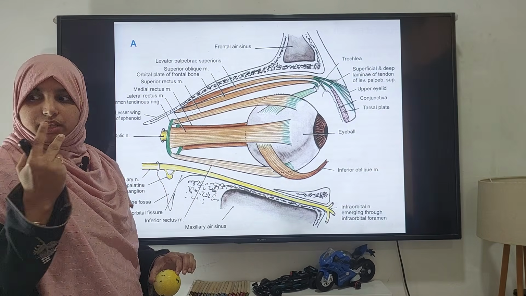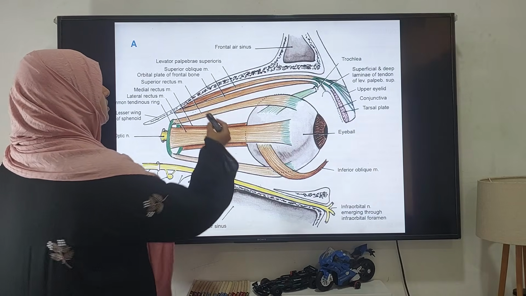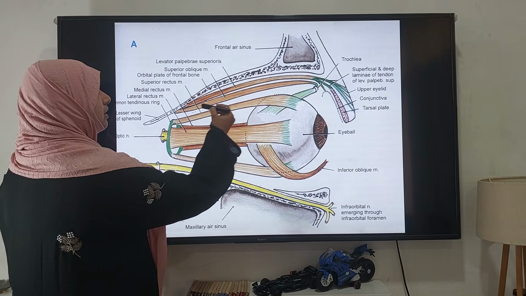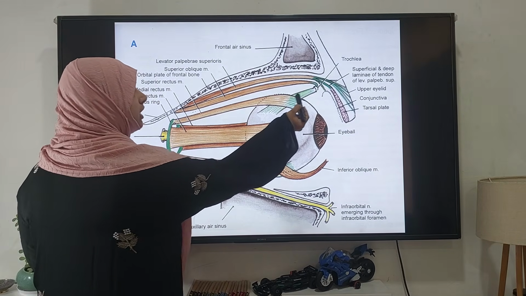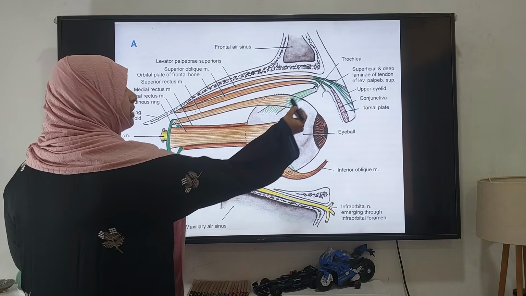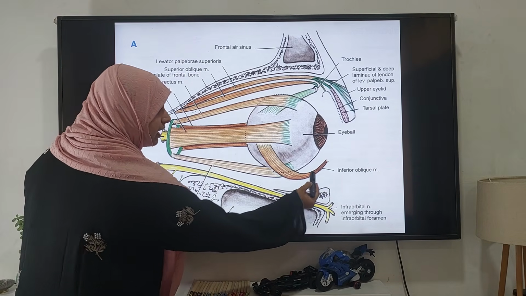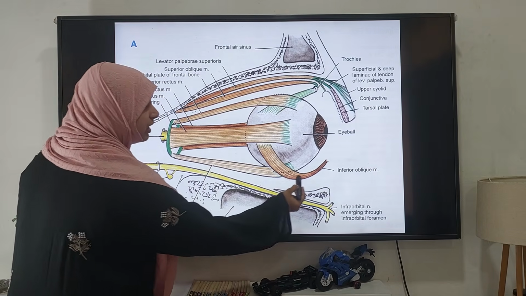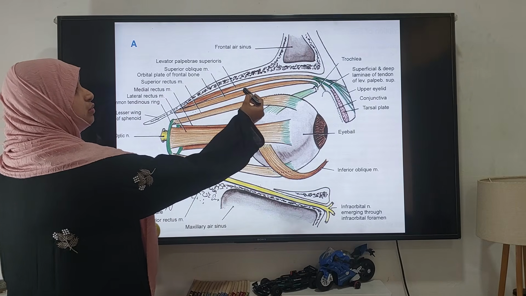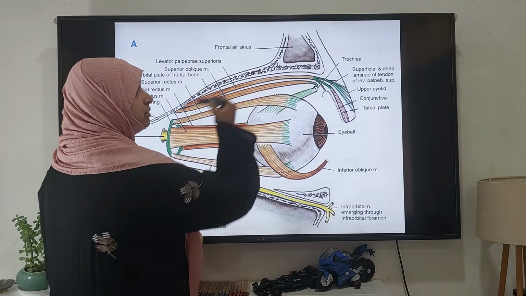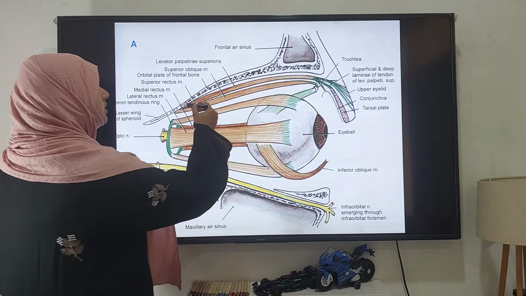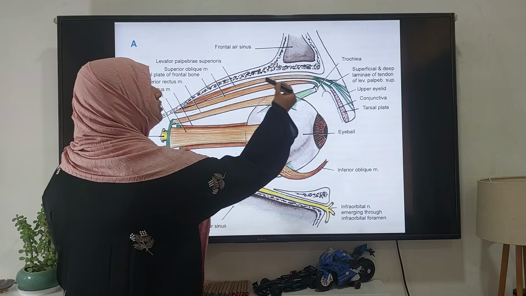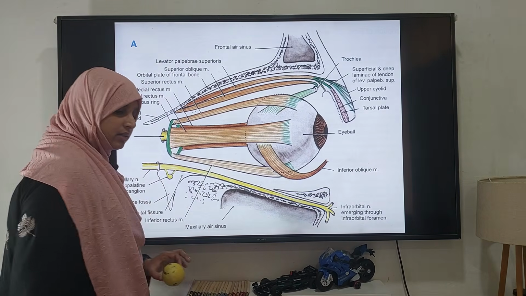Apart from this, I told you there are 2 oblique muscles, right? Here on the top, we have this muscle which is taking a curve. That is the superior oblique. And from below, we have this muscle called the inferior oblique. Then above the superior oblique, we have one most important person, our levator palpebrae superioris going into the upper eyelids, right?